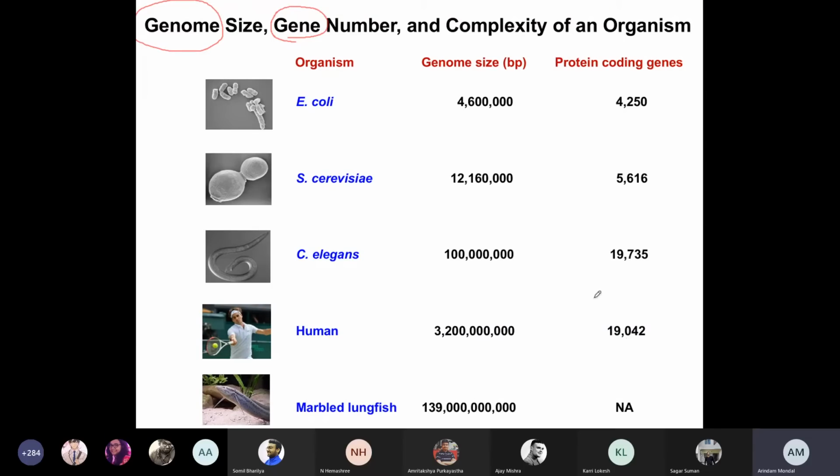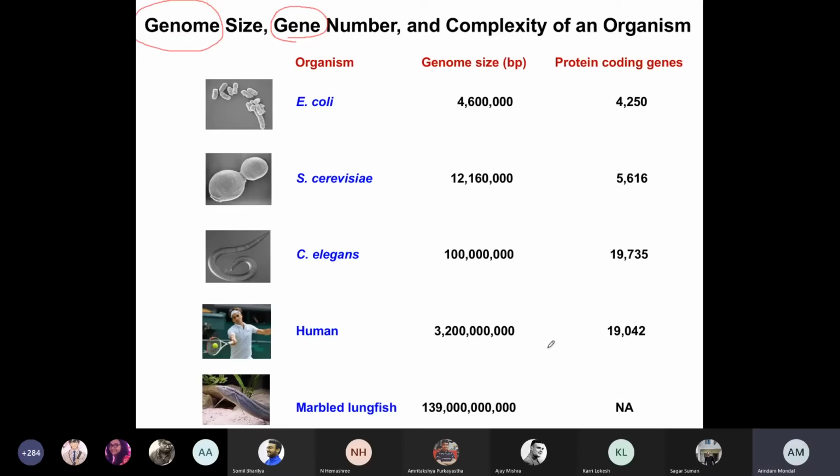So can you see one particular trend from this table, that the higher and more complicated the organism is, the ratio of protein coding genes to the total size of the genome decreases, right? In case of E. coli, it's 4,000 proteins encoded by 4.6 million base pairs. Whereas in case of the human, only 19,000 genes out of 3.2 billion base pairs.